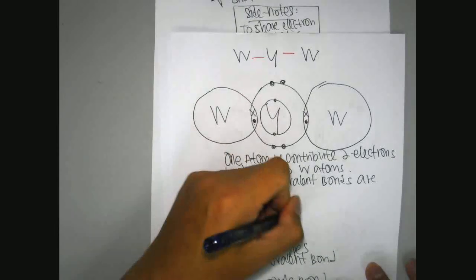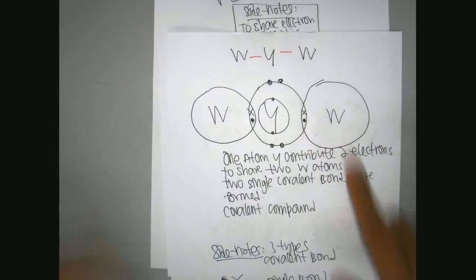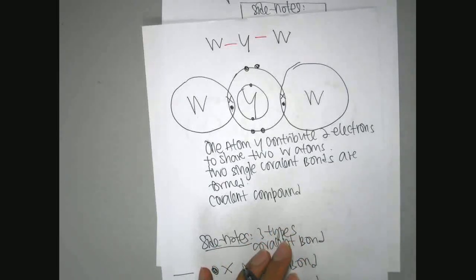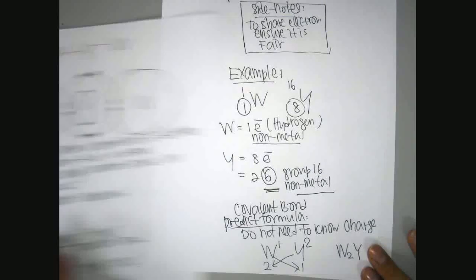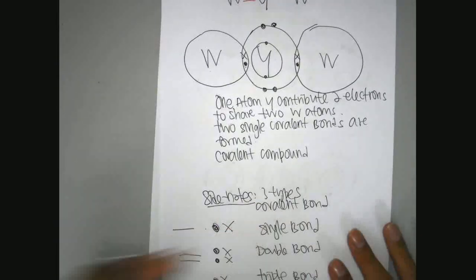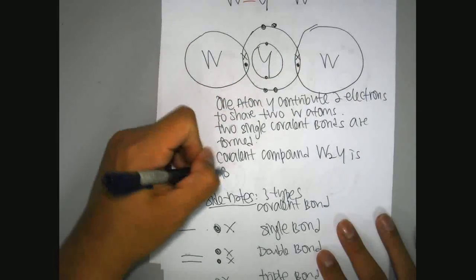So the formula for the covalent compound, you can see from this picture, W2Y, or what you predicted just now. You also can look back to the formula that we have predicted, W2Y. So the final covalent compound W2Y is formed.